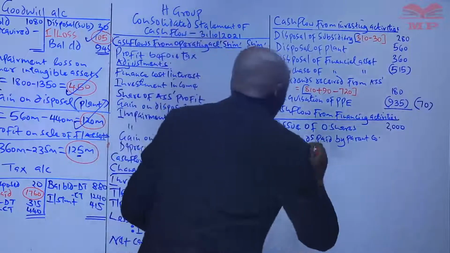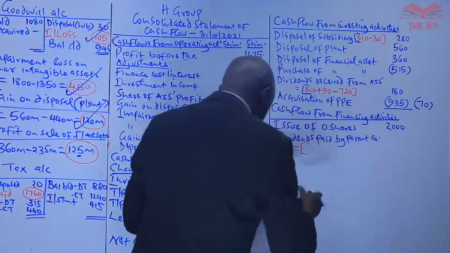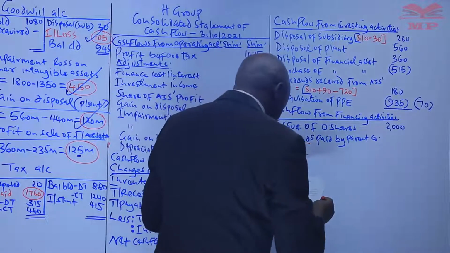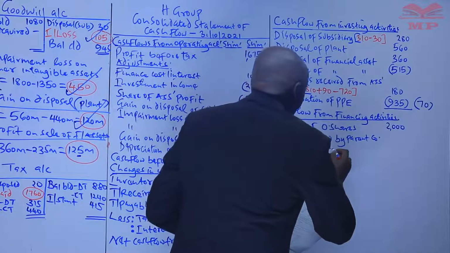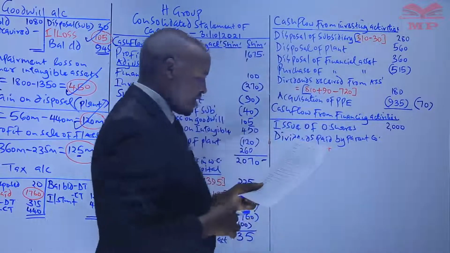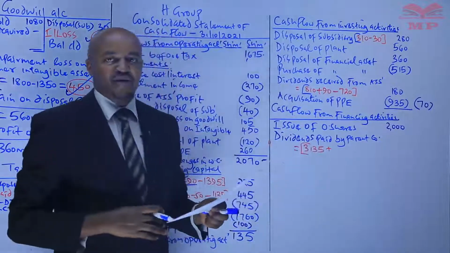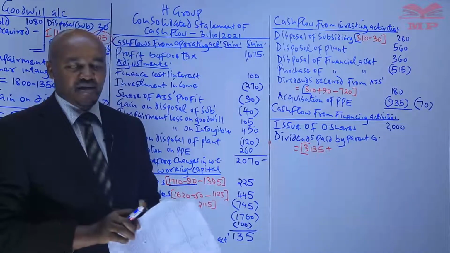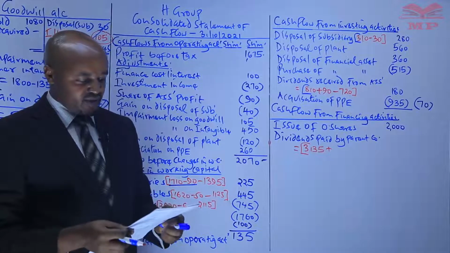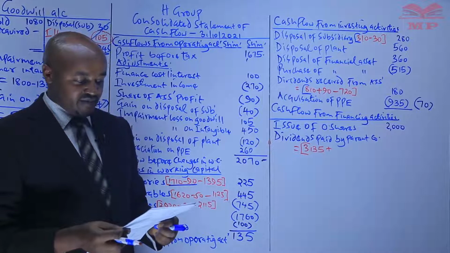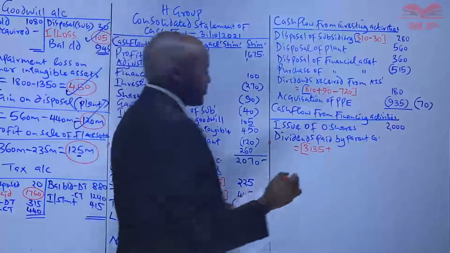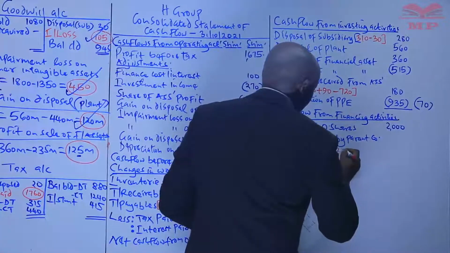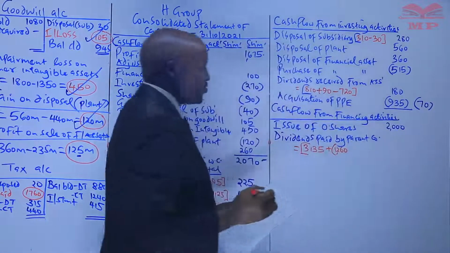We take the retained earnings at the start of the year, which is 35, and to this we add the profit for the year attributable to the parent. Are we given the profit for the year attributable to the parent? No. But in the income statement we are given the profit for the year for the group. How much is that?